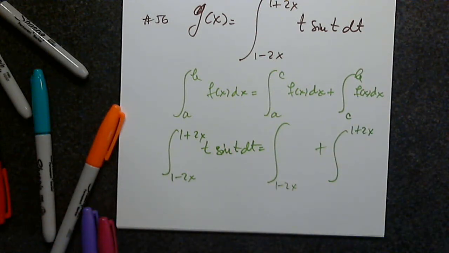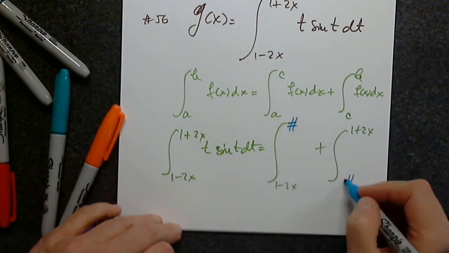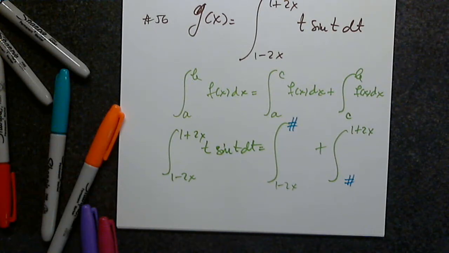So in other words, I am finding a break between the interval 1 minus 2x and 1 plus 2x. And I need to put a number in there. It's up to you what number you want to put, or nothing. It doesn't matter. It will not come into play anyway when we get to differentiate.